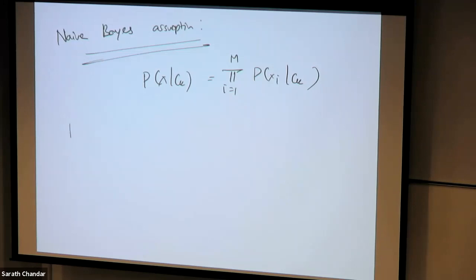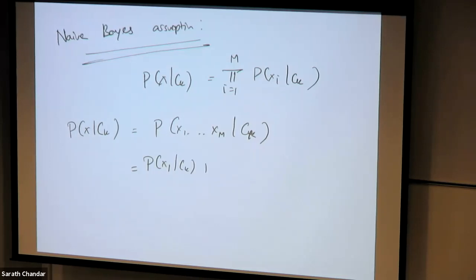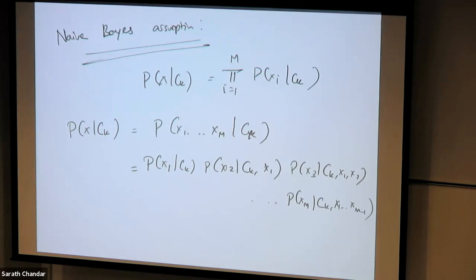Now, if you start with the general P of x given Ck, which is nothing but P of x1 to xm given Ck, there are m features. If I apply the chain rule here, this becomes P of x1 given Ck, P of x2 given Ck, x1, P of x3 given Ck, x1, x2, until P of xm given Ck, x1 to xm minus 1. This is just the application of the chain rule.